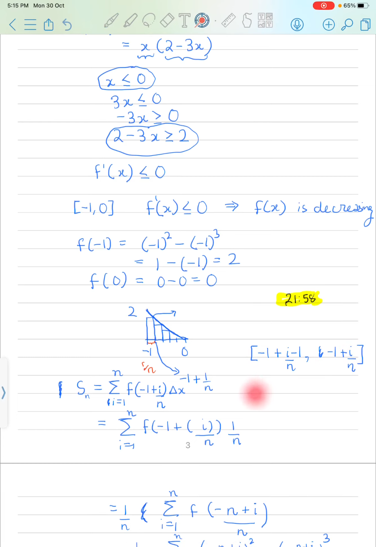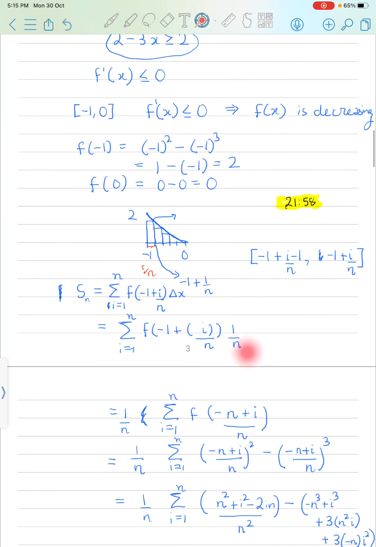Now we have to approximate using the right hand side, right? So this is the right hand side, minus 1 plus i by n. f of minus 1 plus i by n into delta x. Delta x is 1 by n because all the breadths are equal to 1 by n.